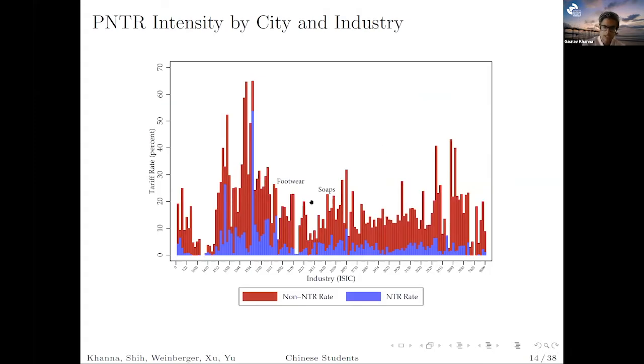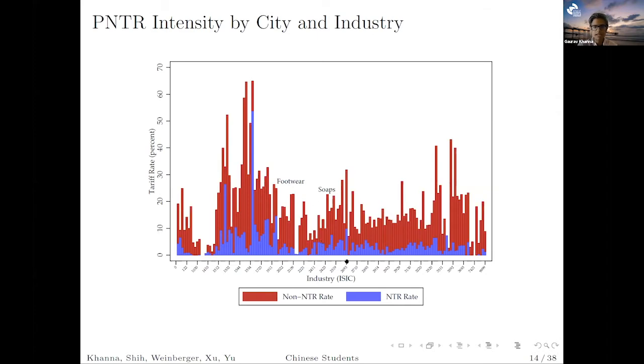So these are different products. Each of these is a different product, but look at the line over here. This is say footwear, right? Firstly, what you see is that all NTR tariffs were lower than the non-NTR tariffs. With footwear, the reduction in tariffs was small. It was modest, not that big. Whereas for something like soaps and detergents, there was a much bigger reduction in tariffs, right?